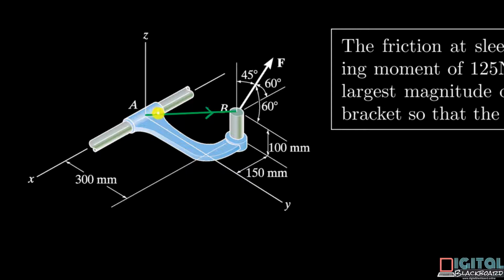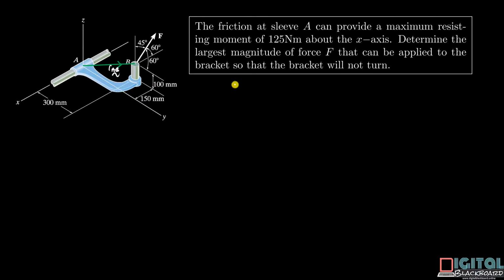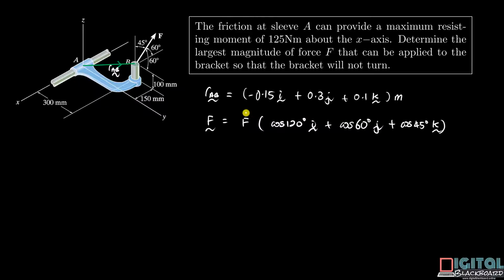So in this case, we still take the R vector as RAB. And our force vector, however, has a slight change. Since F is not known, we simply leave it here: minus 0.5 Fi plus 0.5 Fj plus 0.707 Fk.